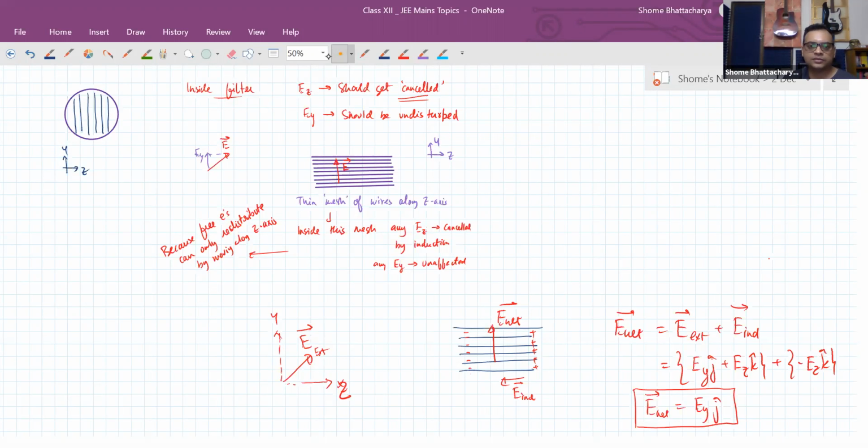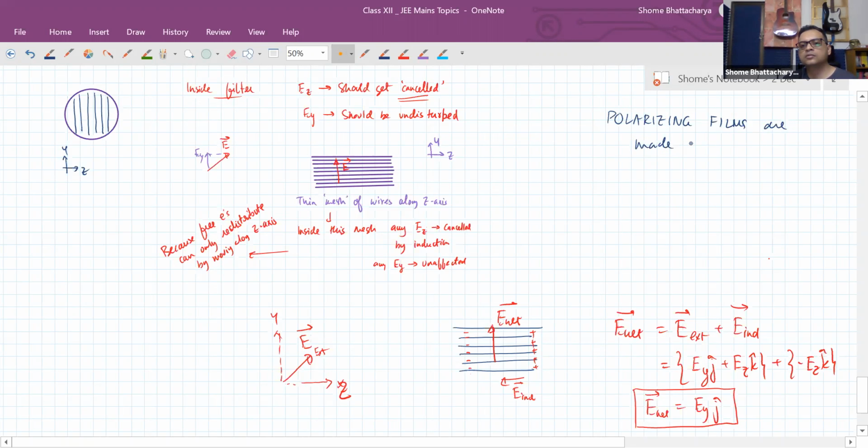So in an actual Polaroid, the polarizing films are made of materials of long chain organometallic molecules.